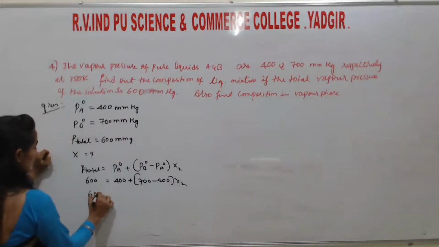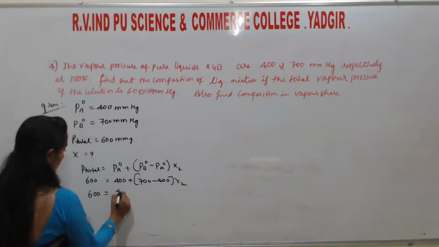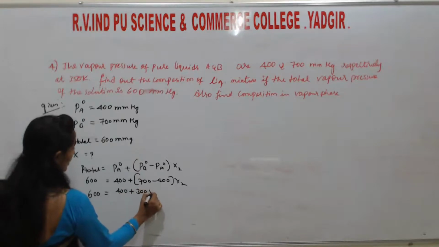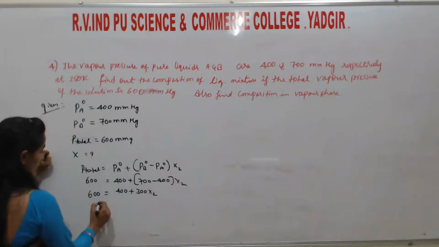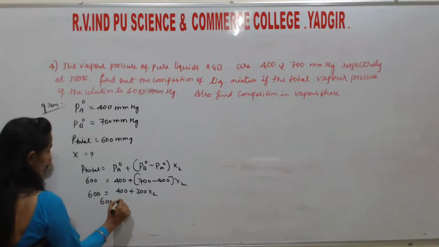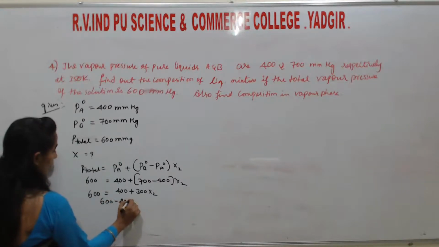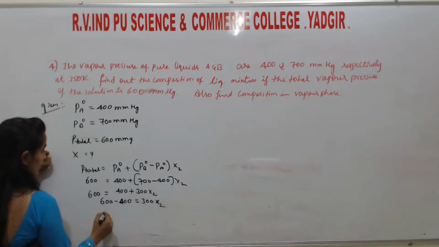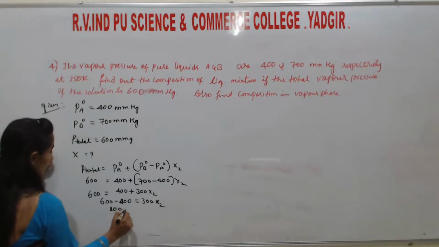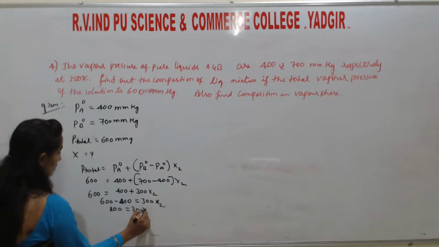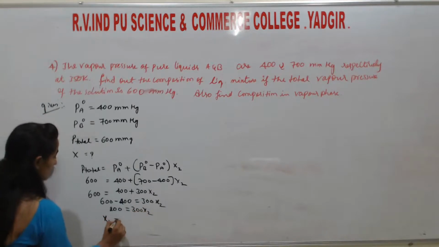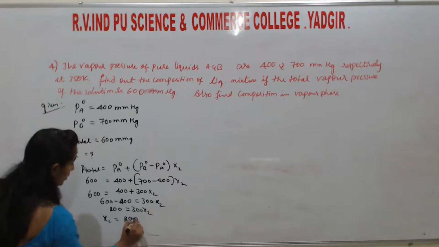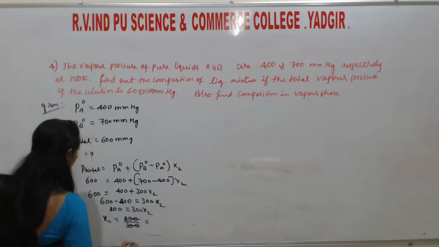So 600 is equal to 400 plus 300 X2. So we will get 600 minus 400 is equal to 300 X2, so 200 is equal to 300 X2. So X2 is equal to 200 divided by 300, 2 by 3.